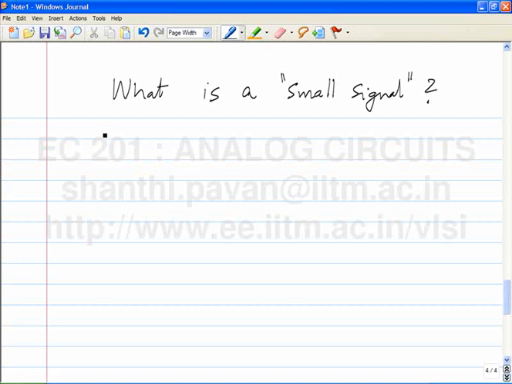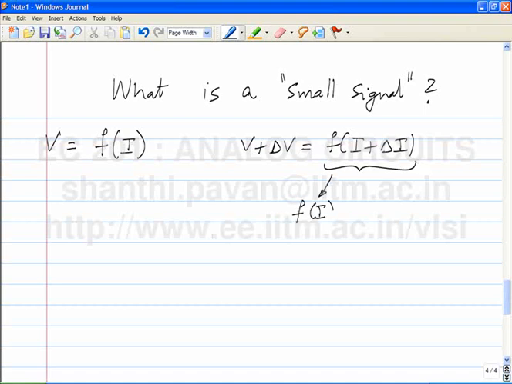We have said that if you had a nonlinear element whose voltage was given by some f of x, if the current was I, the voltage was V. If the current was I plus delta I, the voltage was V plus delta V, and we have approximated f of I plus delta I by f of I plus df by dI times delta I. This is the only approximation in our entire framework up to this point. Do you follow?